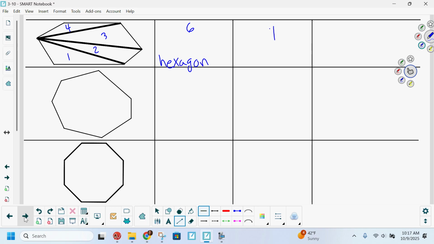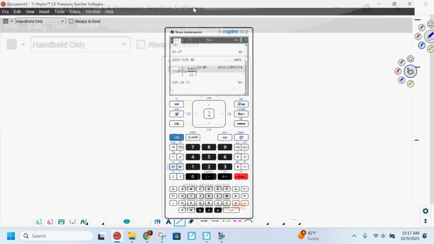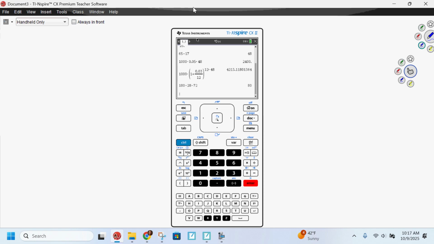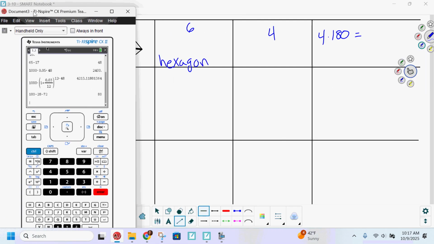I made 4 triangles. 4 times 180. Whoa, my calculator is super small. How did I make it so small? There we go. Gives me 720. And that's degrees.